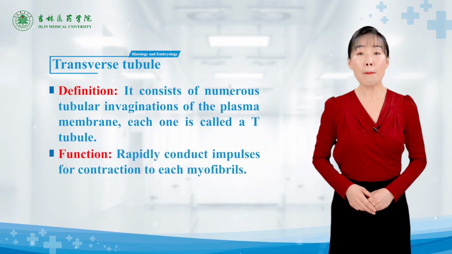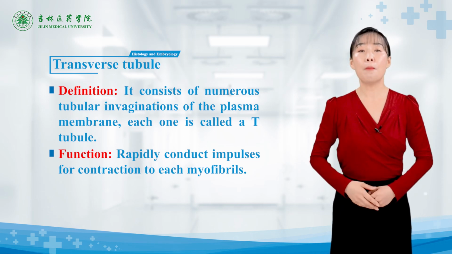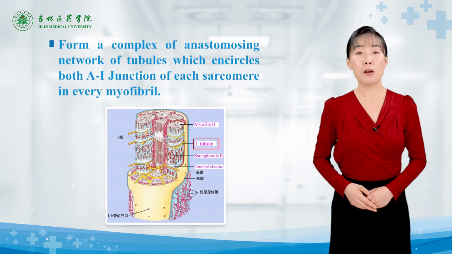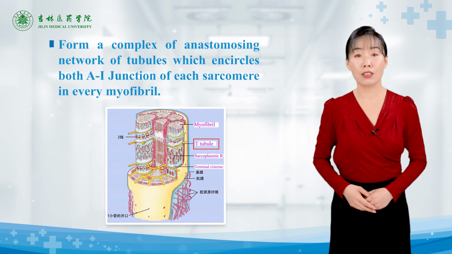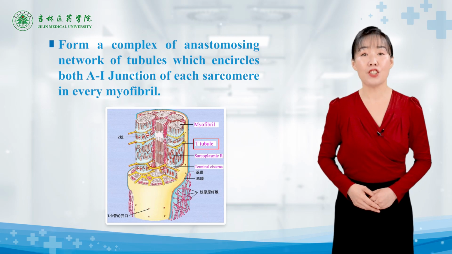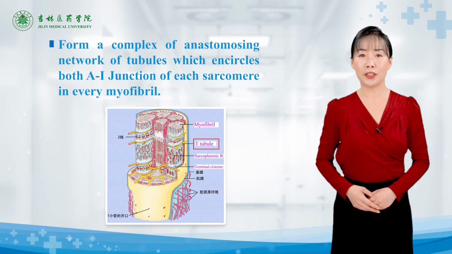Function: rapidly conduct impulses for contraction to each myofibril. Transverse tubules form an anastomosing network of tubules which encircles the A-I junction of each sarcomere in every myofibril.